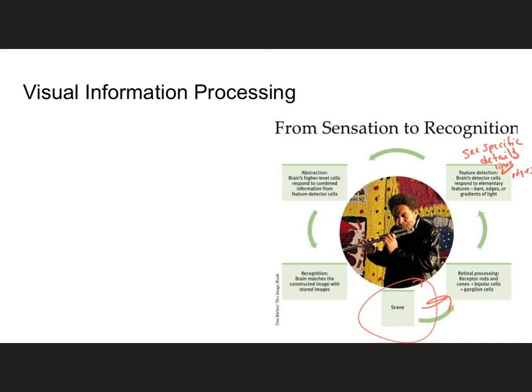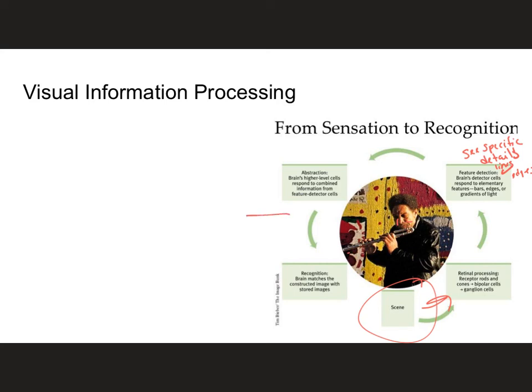It then goes into abstraction, our higher level cells combine to process the feature detection. So you would say, oh, I see that bass, or I see that instrument, I play something similar, or I've never seen something like that. So now we're thinking higher processing. And finally into recognition. Do we recognize this or not?